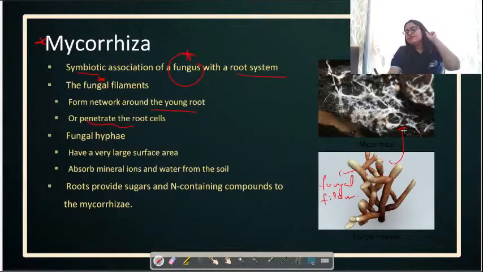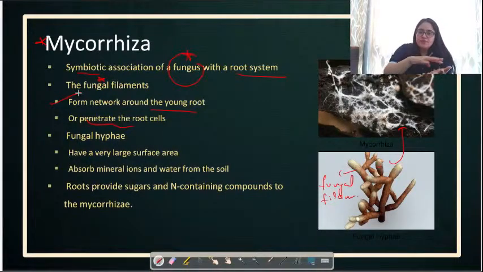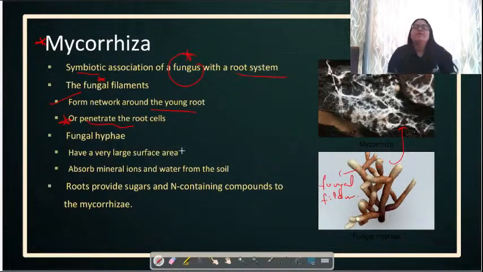So either these fungal filaments will try to enter inside the young root cells, or they will be present around the young roots. So these are the two ways in which the fungal partner of mycorrhiza can form an association with the root system.